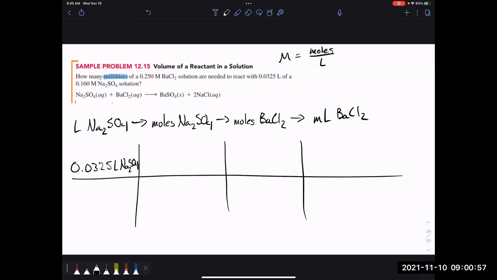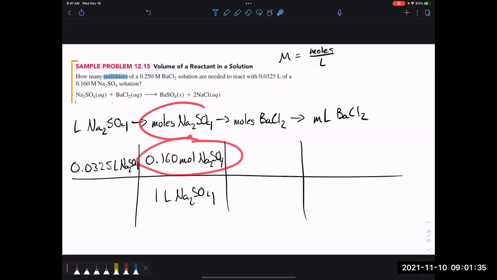So to convert from liters of sodium sulfate, we need to use our molarity to calculate the number of moles. 0.160, oops, sorry, did that upside down. 0.160 moles Na2SO4, and that's going to be per 1 liter of this Na2SO4 solution. And then that gives us moles of sodium sulfate.